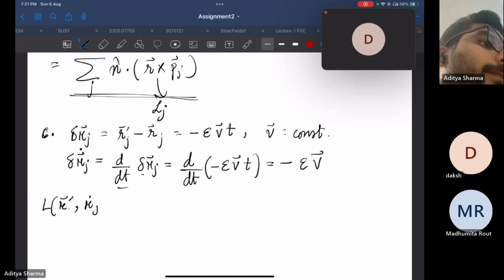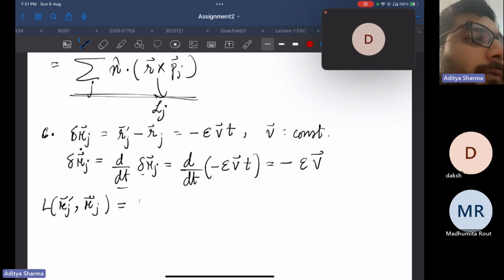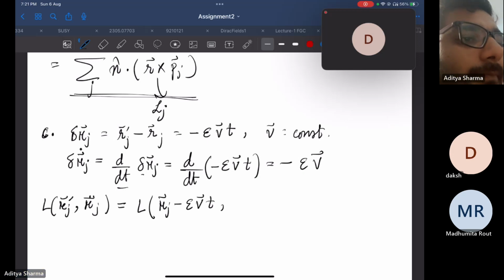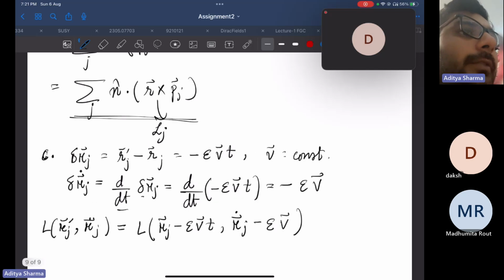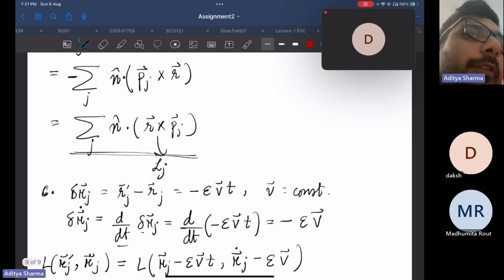This is equal to L of r_j minus epsilon v t and r_j dot minus epsilon v. Are you following?